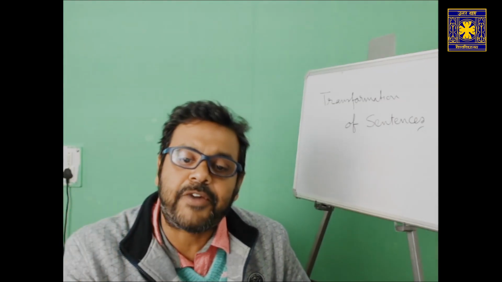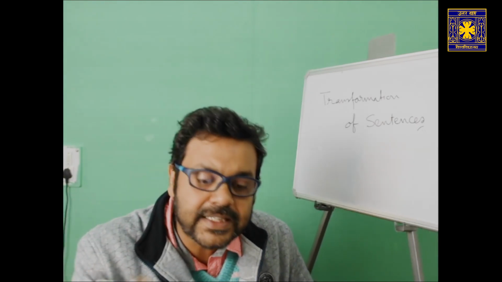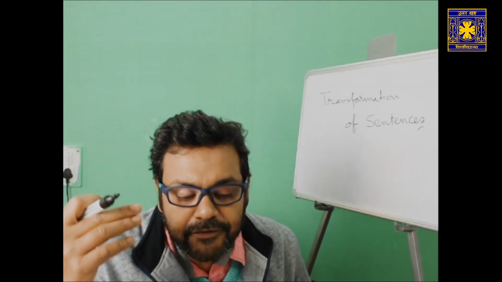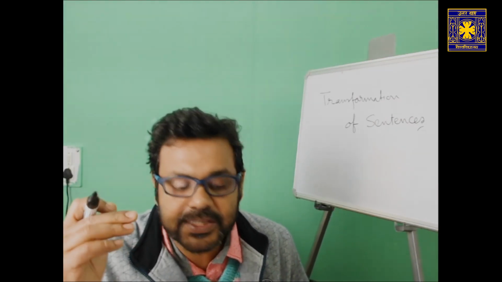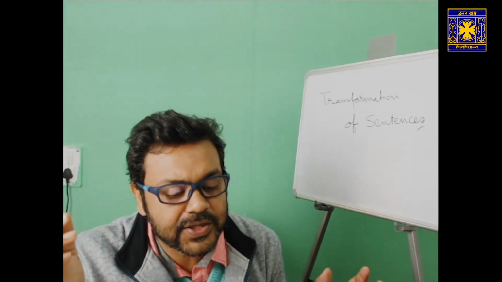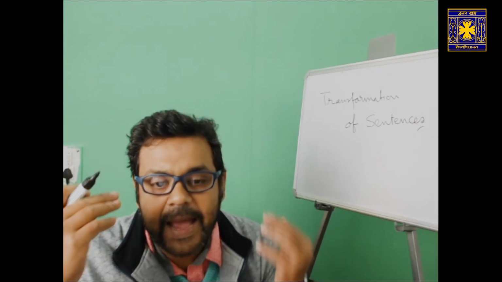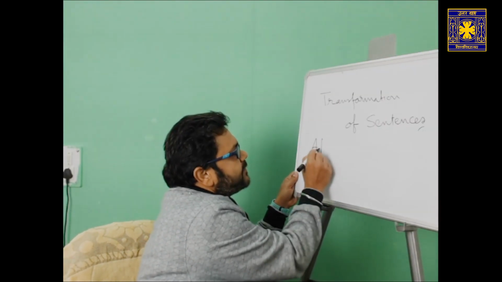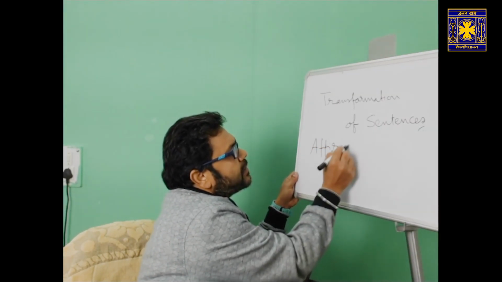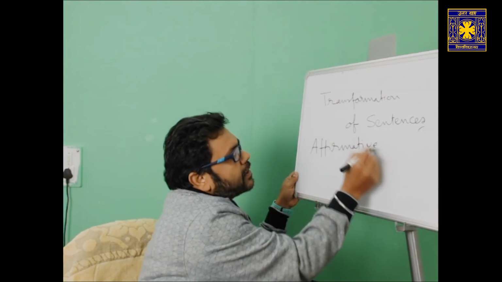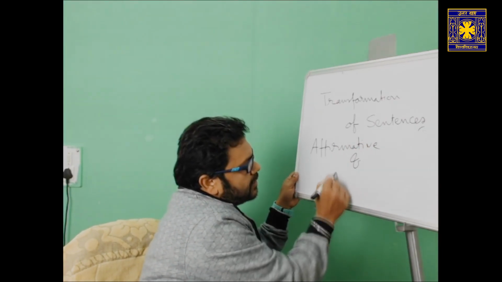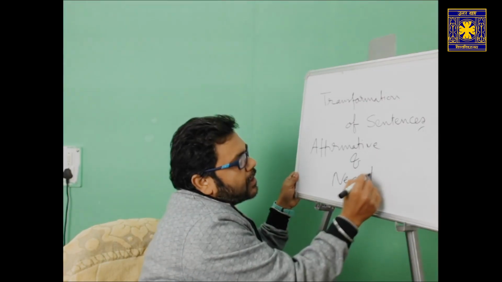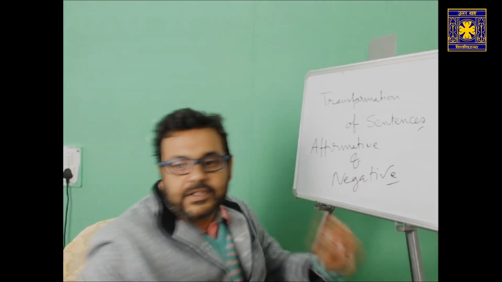Now, what is an affirmative sentence and what is a negative sentence? Affirmative sentences are those sentences that give a positive statement or meaning, and negative sentences refer to non-occurrence of any action or an absence of quality. So I'll write first, affirmative sentences and negative sentences.